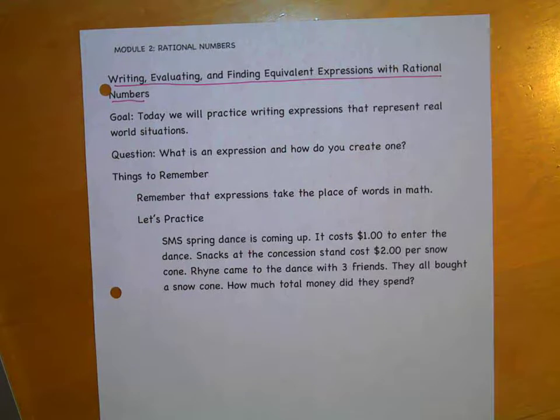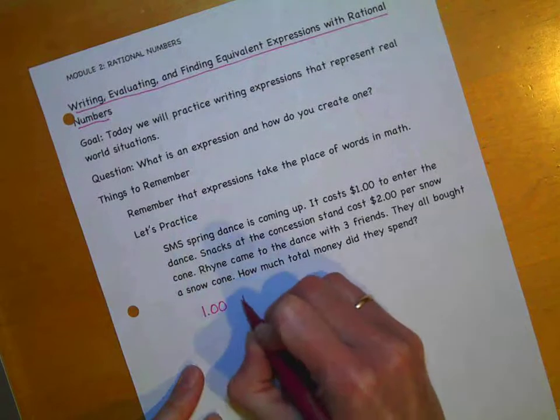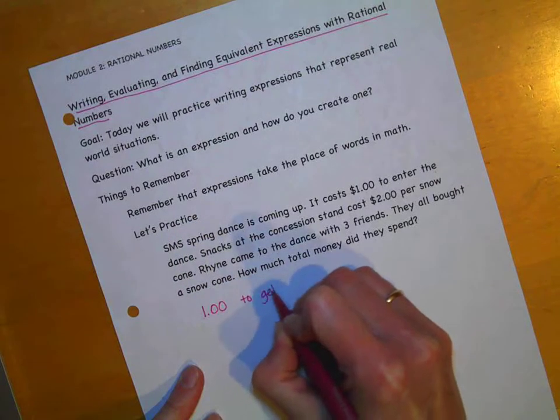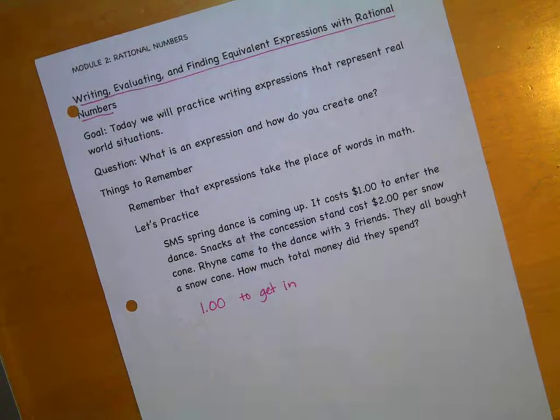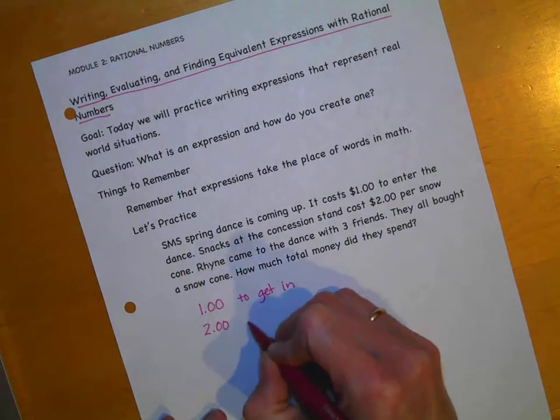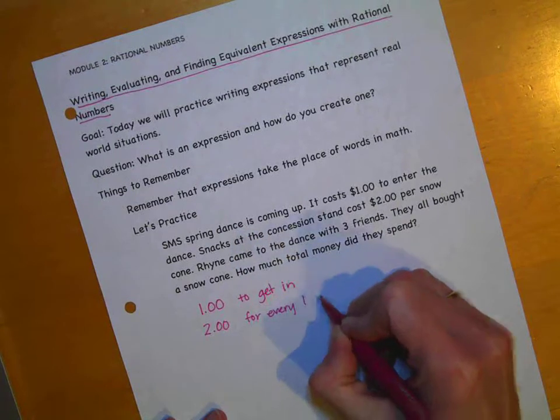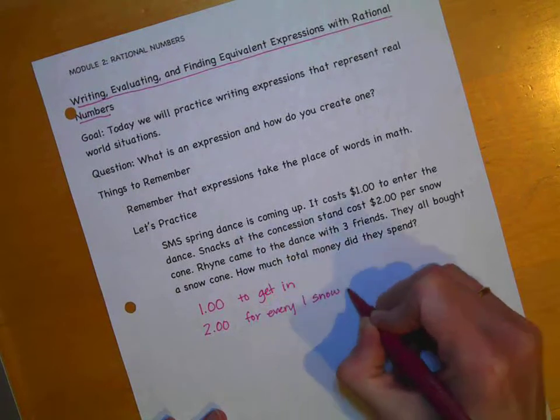So if we're looking at this with it being the spring dance, we know that to get into the dance, it costs $1. So I'm going to write this down. So we have $1 to get in. Okay, and then it says snacks at the concession stand cost $2 per snow cone. So we now know that we have $2 for every one snow cone.